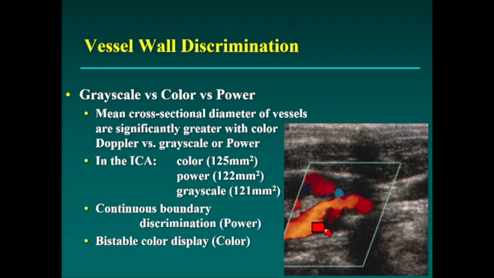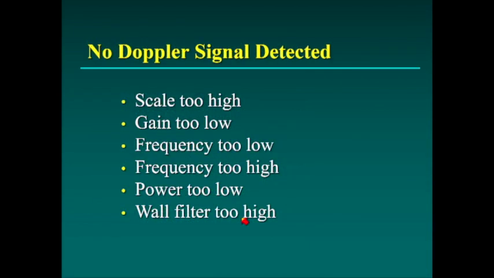So that pixel, if it overwrites the wall, some of them will be all written the same color. And as a result, you will get larger diameters or measurable diameters with color Doppler than you will get with power or grayscale, and that is statistically significant. This is a study we did some time ago, and it's not a lot, but it is certainly real.